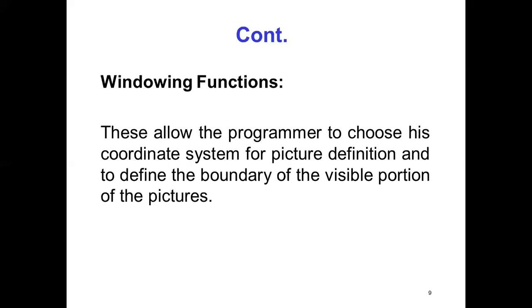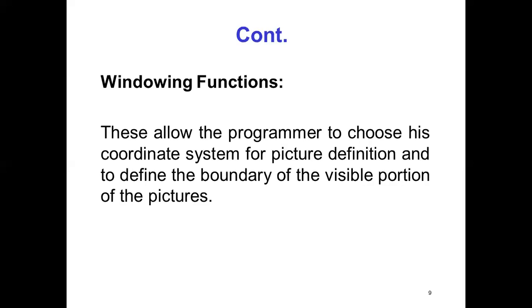Another important thing is the windowing function. The windowing function allows the programmer to choose his coordinate system. So if there is a windowing function, the user can easily choose the coordinate system. Suppose we are going to draw a picture, such as mechanical parts or a building section.